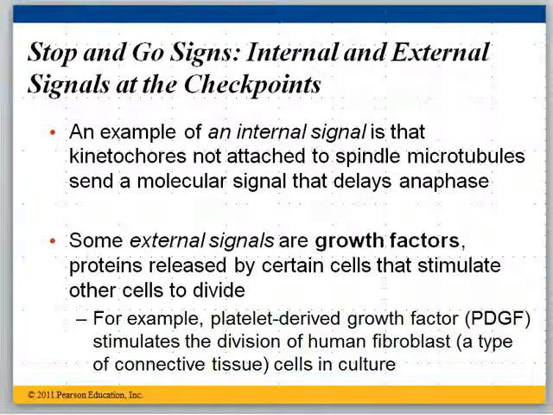Remember, anaphase is where the sister chromatids are pulled apart and then drawn toward the poles of the cell. So if the sister chromatids are not all attached to the microtubules, they will send out a signal that tells the cell, oh, wait up just a minute, don't proceed until we're all completely ready.